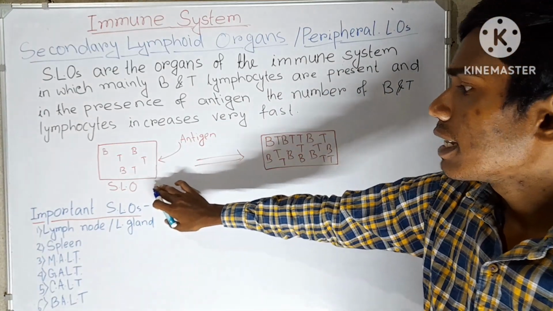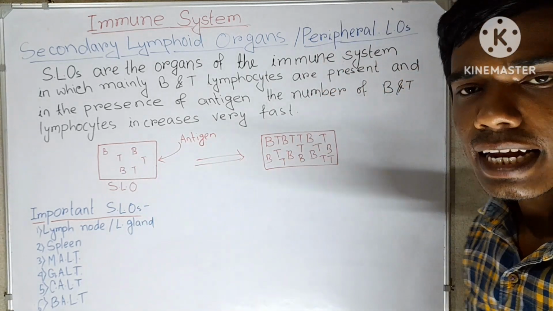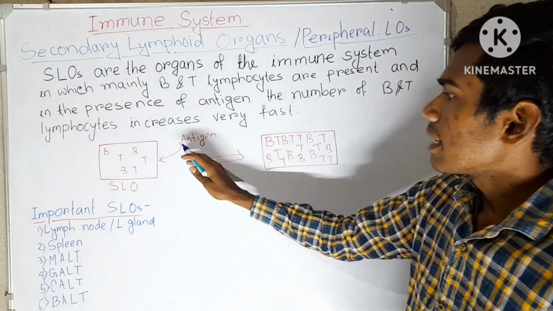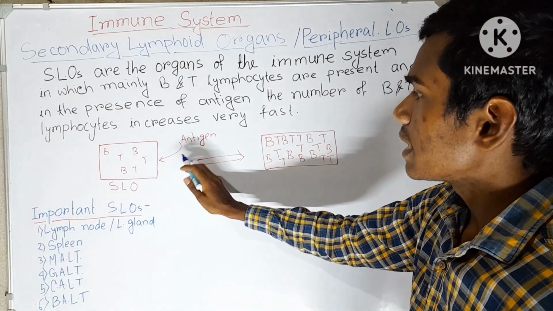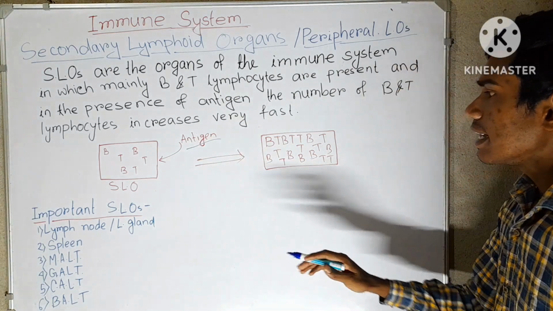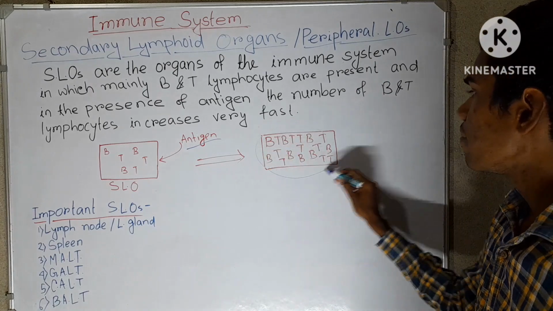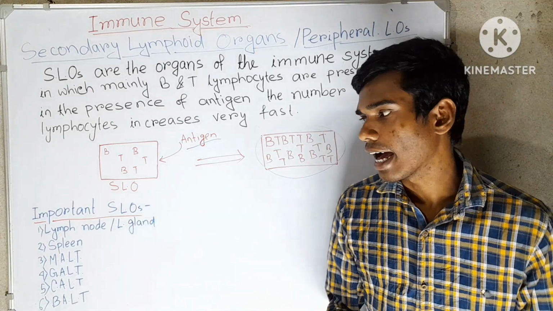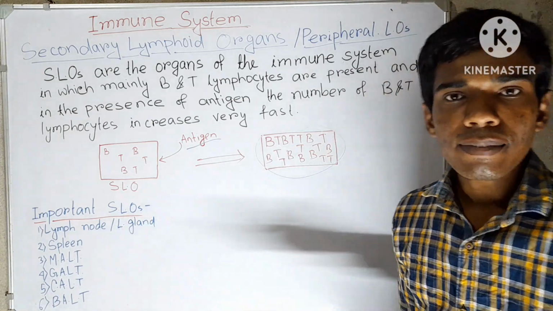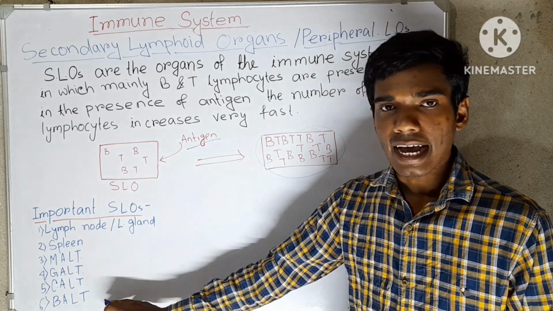Suppose this is a secondary lymphoid organ in which some B and T cells are present. When antigen attacks the lymphoid organ, the number of B and T cells increases very fast. Some important secondary lymphoid organs are lymph node or lymph gland, spleen, MALT, GALT, CALT, and BALT.